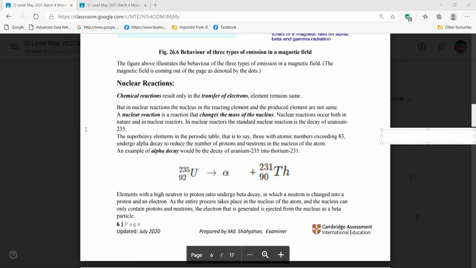The entire process takes place in the nucleus of the atom, and the nucleus contains only protons and neutrons. The electron that is generated is ejected from the nucleus as a beta particle.